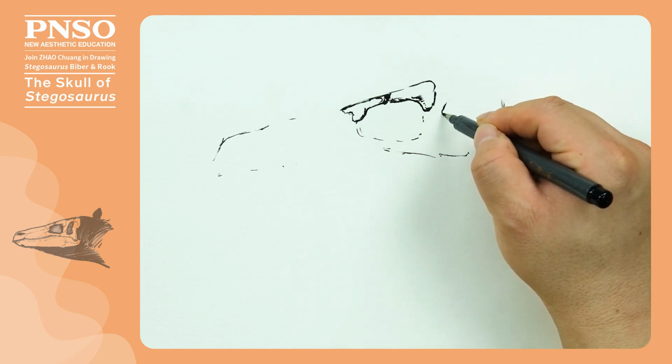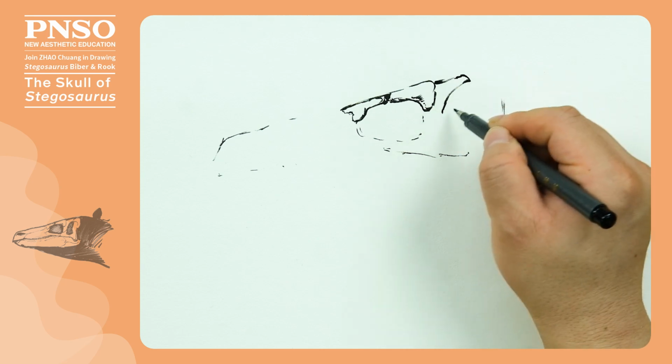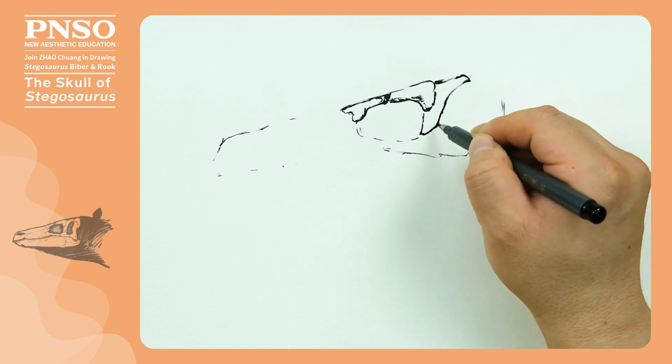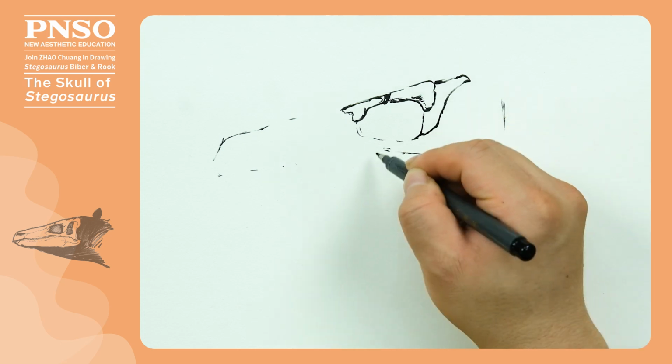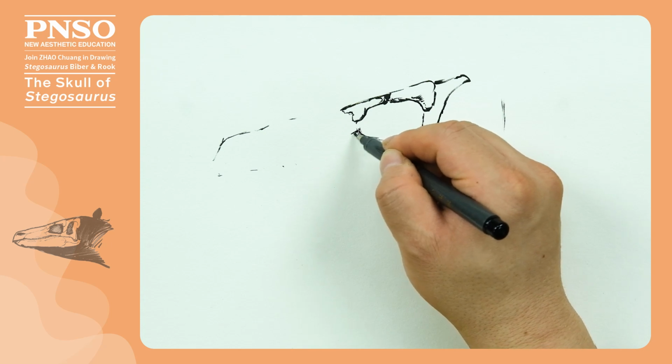Below the palpebral bone, what's next to it is its postorbital, a bone behind the eye socket. The front is its jugal bone.